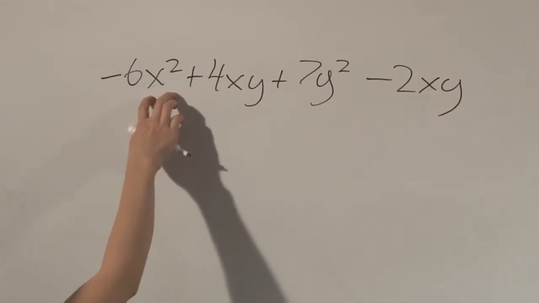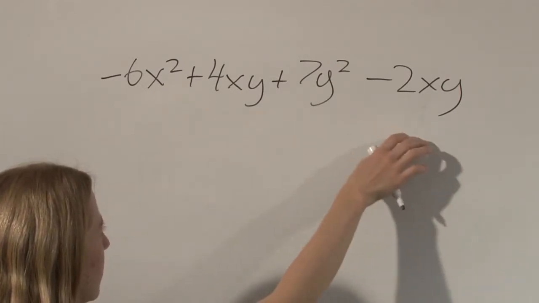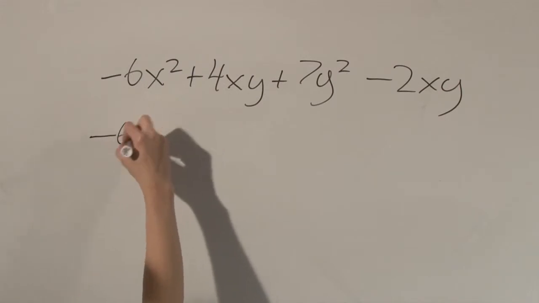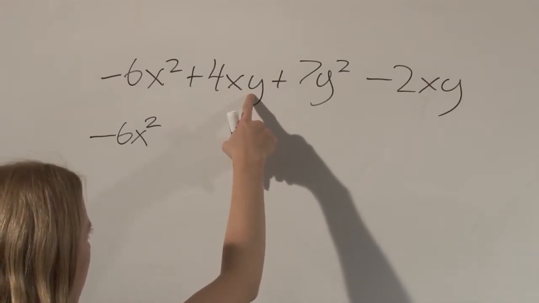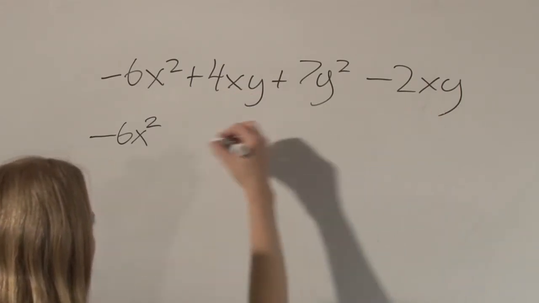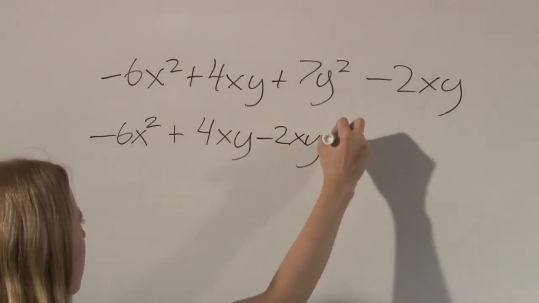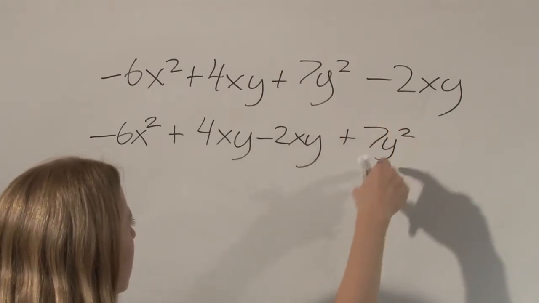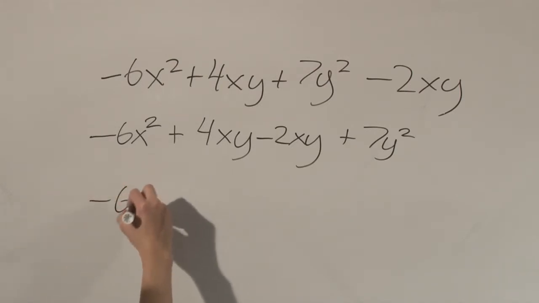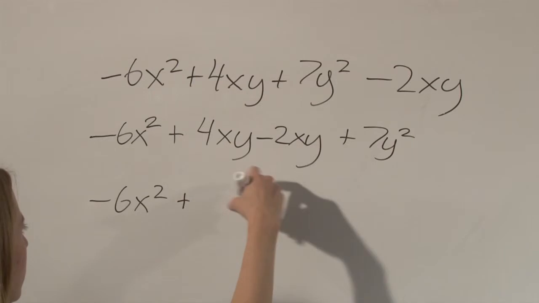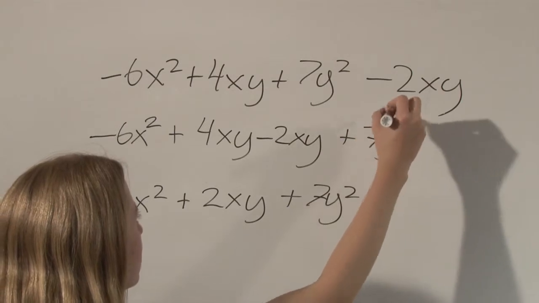And so this term has an x squared, so I'd look and see if any of the other terms have an x squared, and none of them do. So that one's just going to stay the way it is. Now the second term has an xy. And there is one other term with an xy. So I'm going to combine those two. And then this term here is a y squared, and that's not going to combine with anything else. And that would be as far as you could simplify that.